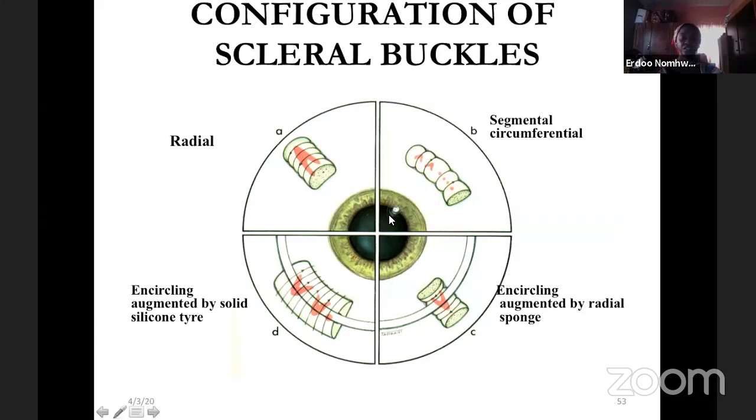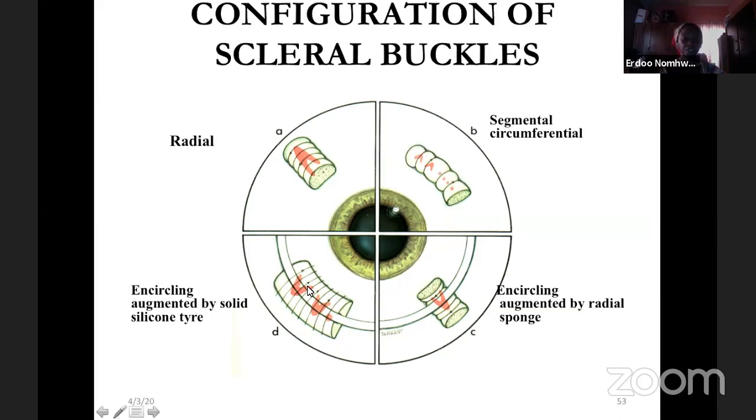This is the radial that is placed at 90 degrees to the limbus. This is the segmental circumferential, used when you have multiple breaks lined close to each other in about 1 to 3 quadrants. You can see the multiple breaks there, so you're able to use the segmental circumferential.